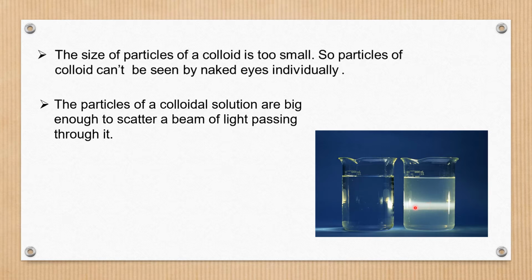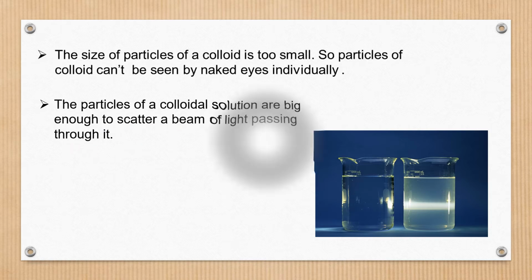These are other properties of a colloidal solution. The particles of a colloid cannot be seen individually by naked eyes, and they are big enough to scatter a beam of light passing through it.